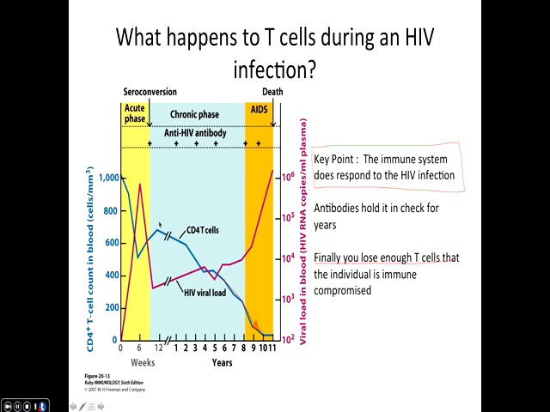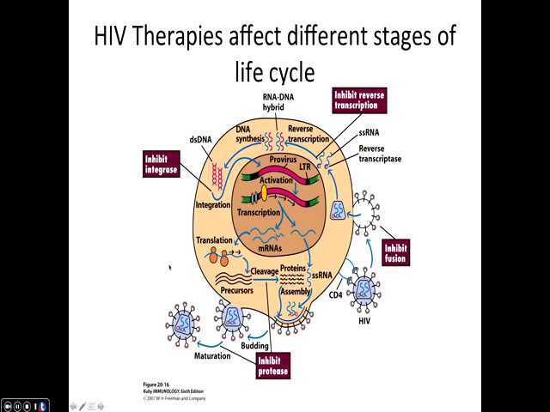And so the therapies, once we understood the cell biology and what was going on, how the virus reproduced, what its life cycle was, it was then able to start developing distinct therapies based on targeting different aspects of the life cycle of the virus.